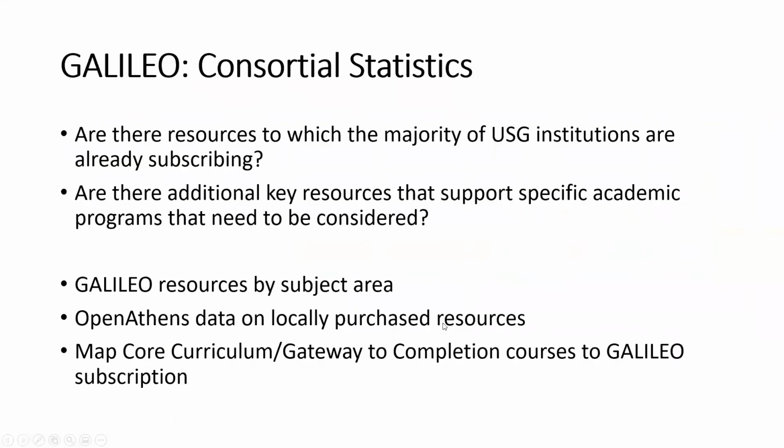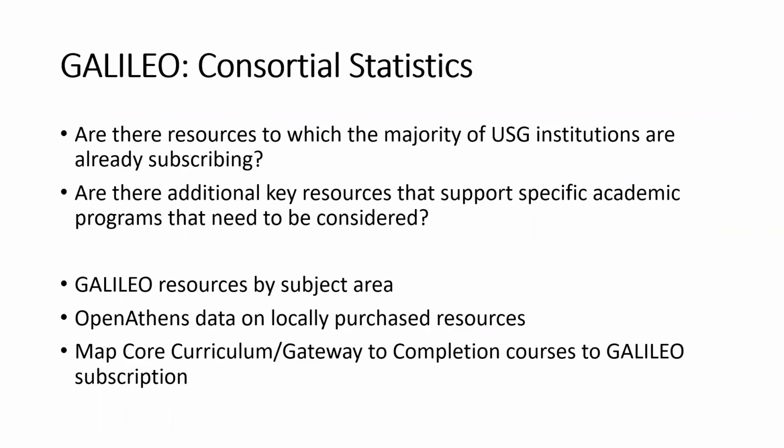And then I spoke briefly to John Stevens here at Galileo, and he talked about some of the things that he'd done in the context of the EResources Committee. And some of the questions that we're asking and can use OpenAthens statistics to determine: are there resources to which the majority of USG institutions are already subscribing? So that's one thing John does with the consortial statistics.